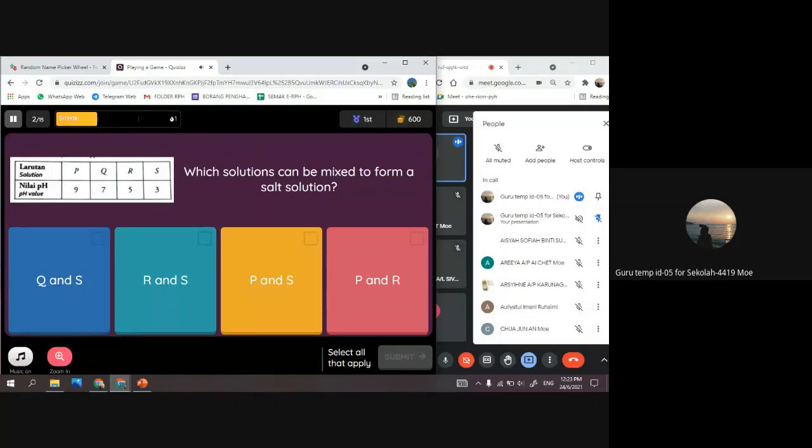What plus with what? Then you will get salt solution and water, right? From this solution, KPQRS, which one is acid and which one is alkali? And then that is the answer. Ada dua jawapan kat sini. Kita boleh tick two answers.